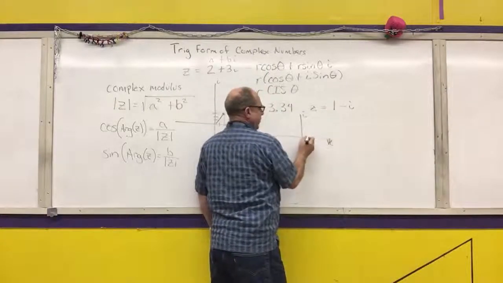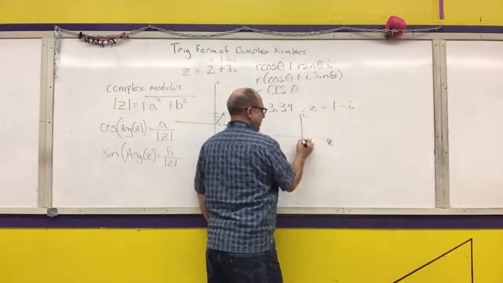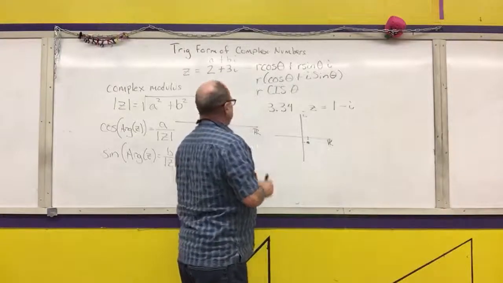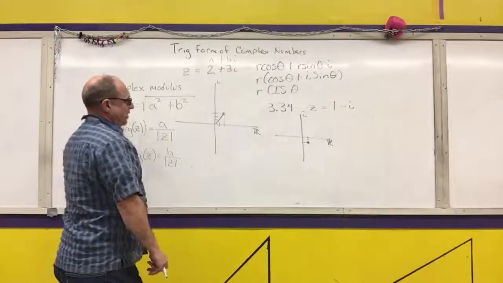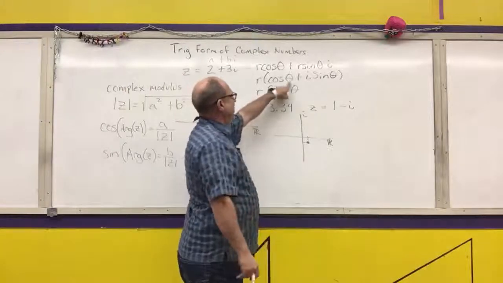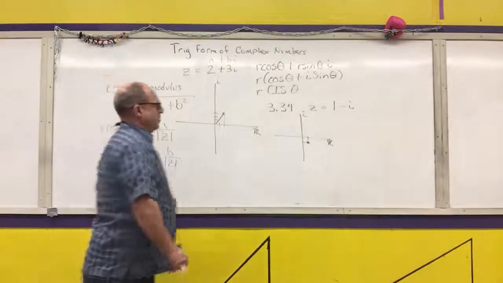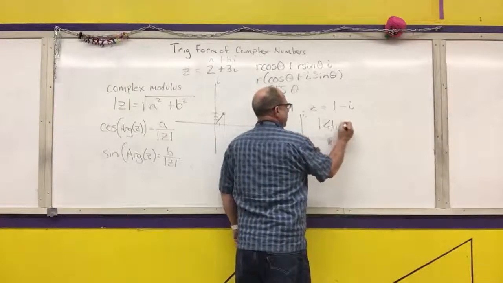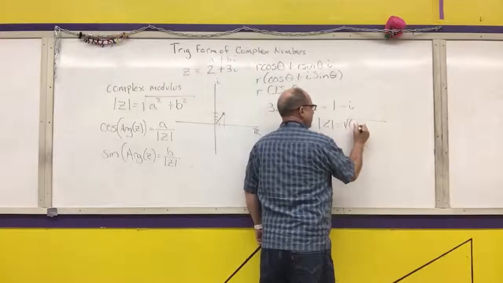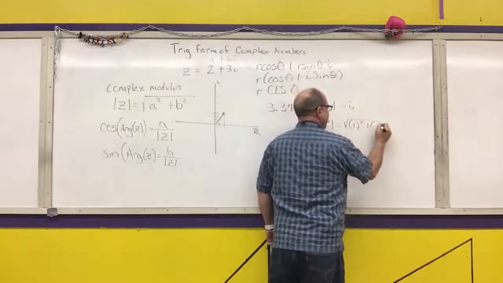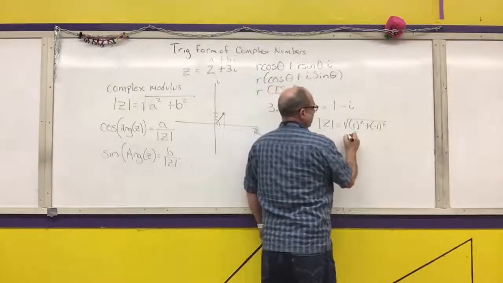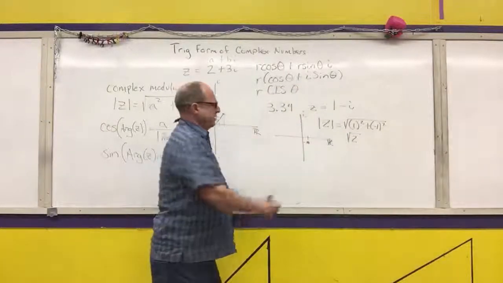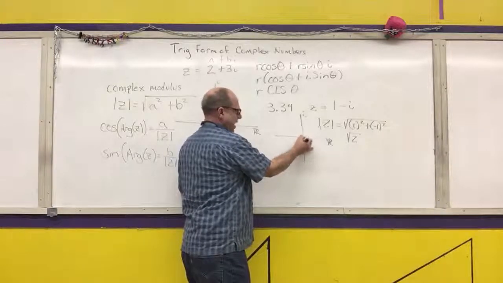I'm going to go 1 in the real direction and negative 1 in the imaginary direction. That's my point. I'm now going to calculate the complex modulus because I need that in order to calculate theta. So the complex modulus is the square root of 1 squared plus negative 1 squared, which is the square root of 2. You should have already known what this distance was, because if that's 1, that has to be the square root of 2.